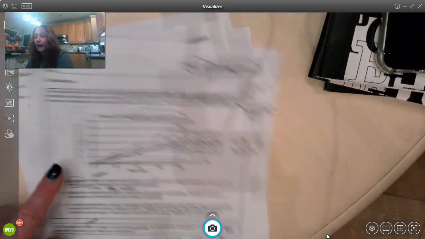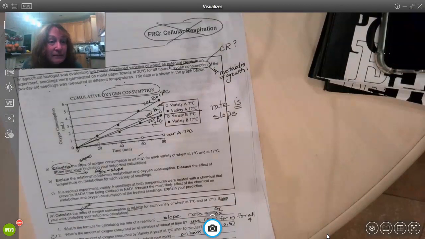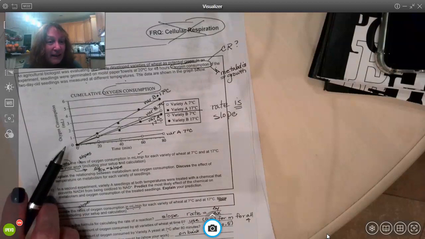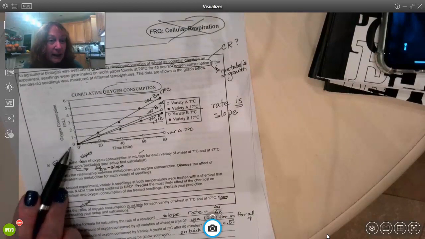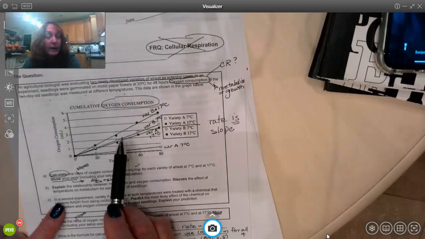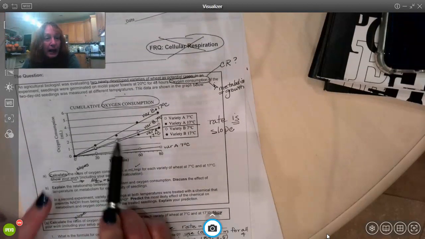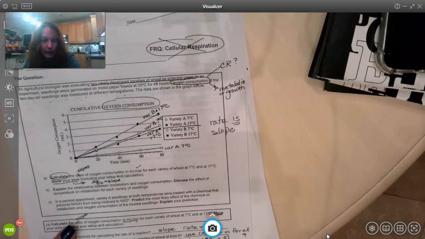If they give you a graph, part A is, hey silly, do you know what that is? That's a graph. Can you read it? Good. Okay. Yay. All right. Let's look at B. B is, can you do something with it? Can you apply what you know from the information you got?